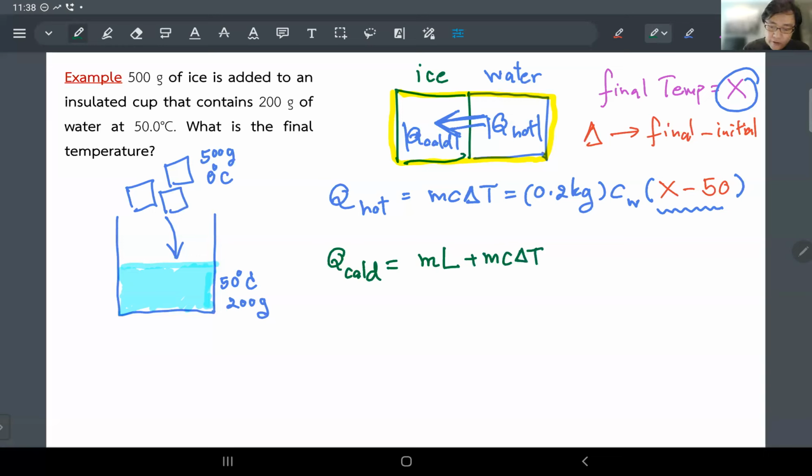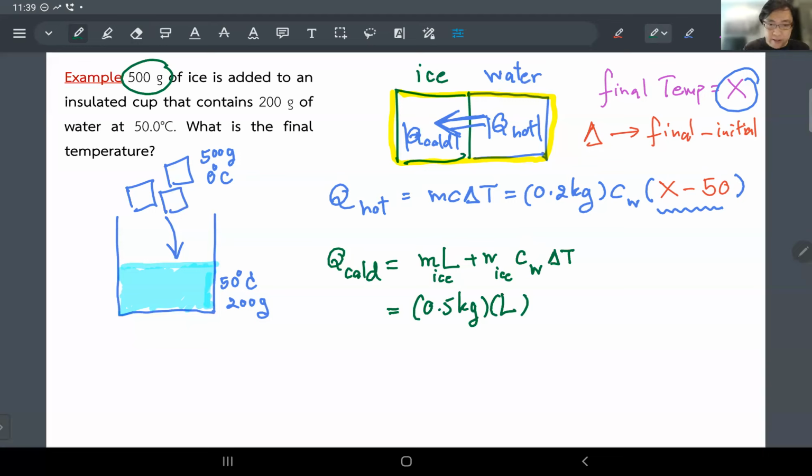So for here, let me put subscript ice, mass of the ice here, but C over here I can say is water. Let me space this one out a little bit so I have some more room to write C of the water, delta T. Okay, makes sense? All right, so let's try this. Mass of the ice is 500 grams, so let me put 0.5 kilogram here. L of the melting process, you can look it up on the table.